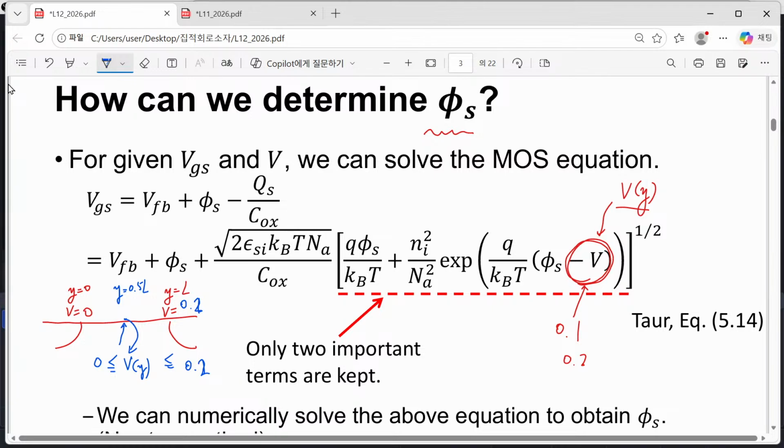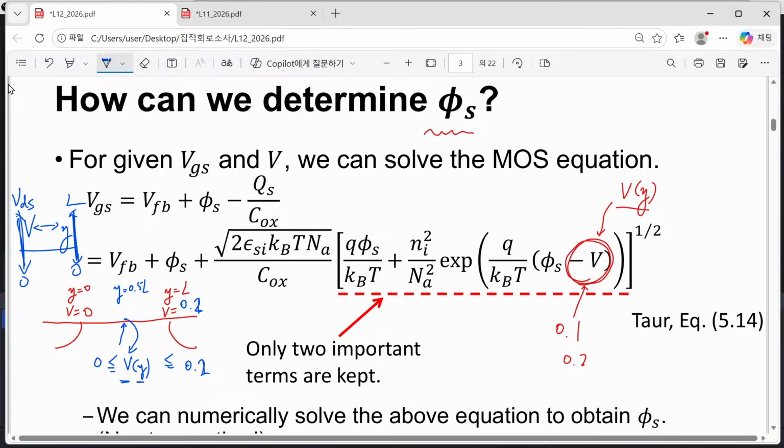So you can treat this V value as equivalent to your channel-directional coordinate Y. There is a one-to-one correspondence between V and Y, with Y varying from 0 to L and V from 0 to VDS.